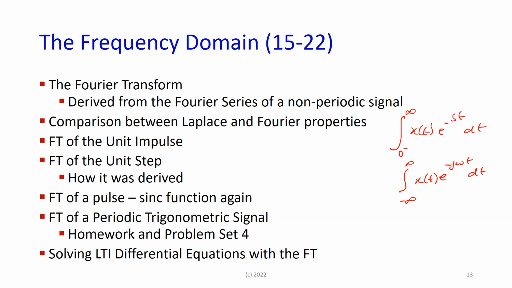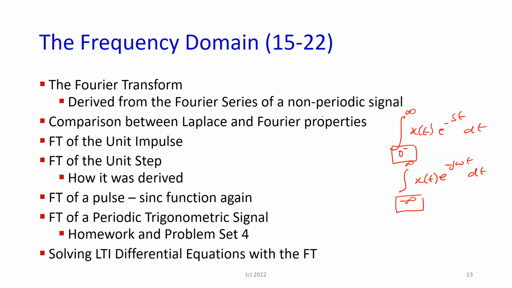So on the surface, the form of the integral was very similar. What you had to watch, of course, was the lower limit. The Fourier transform integrates from minus infinity. In one case you have e to the minus st, in the other case you have e to the minus j omega t. So it already gave us a little hint that the behavior and use of the Fourier transform could be fairly similar to what you already knew about the Laplace transform.